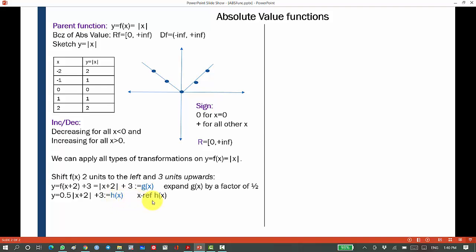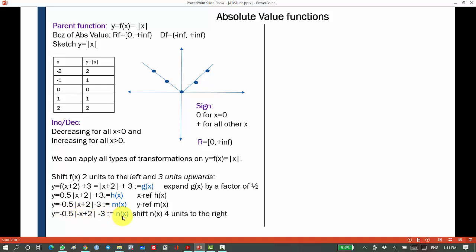Now let's find the x reflection of h of x, that is we multiply everything with negative 1. As a result, we get negative 0.5 times the absolute value of x plus 2, minus 3. Let's name this m of x, then find the y reflection of m of x, that is we replace x with minus x, and here as a result we get minus 0.5 times the absolute value of minus x plus 2, minus 3.